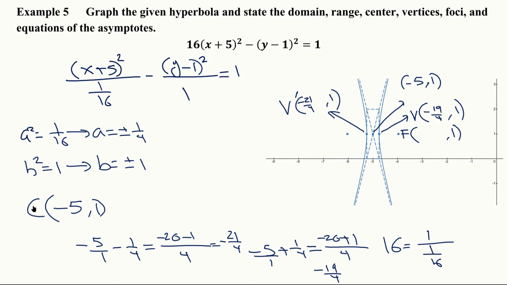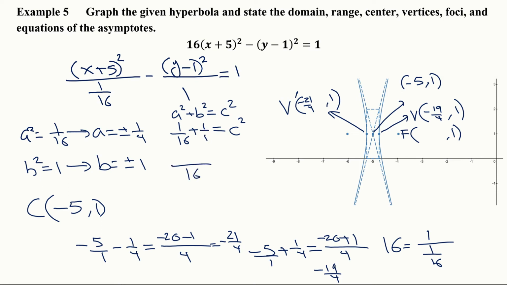That's lowercase c, different from this capital C which stands for the center. So we have a squared plus b squared equals c squared. So we know a squared is 1/16, b squared is 1. So let's go ahead and combine these two.